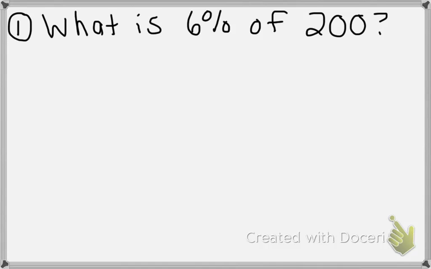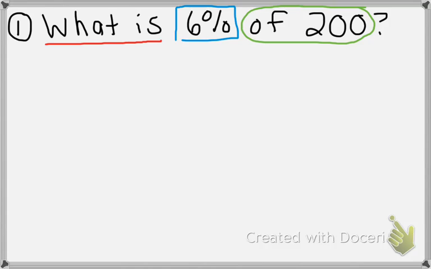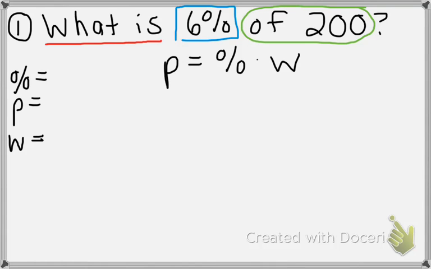So here's an example. What is 6% of 200? Again, we're going to do our underlining, our boxing, our circling. You see those clue words again. Now we're just going to rewrite our percent equals, part equals, and whole equals. Percent is going to be 6, right? 6%, it says.